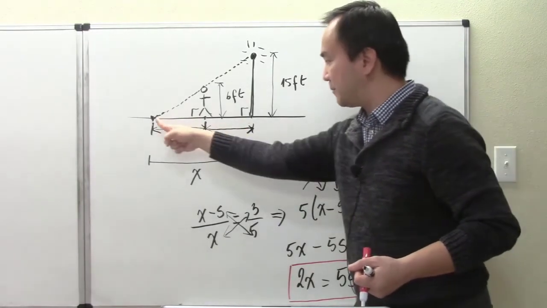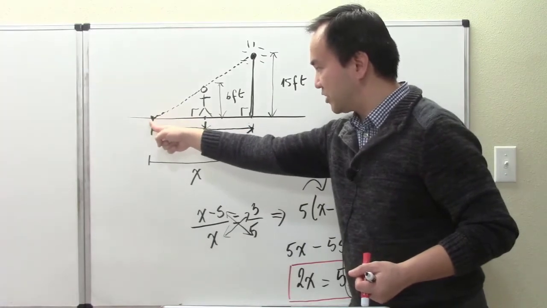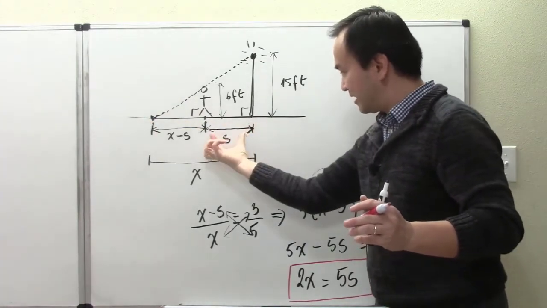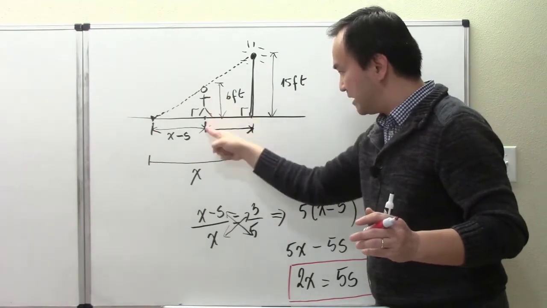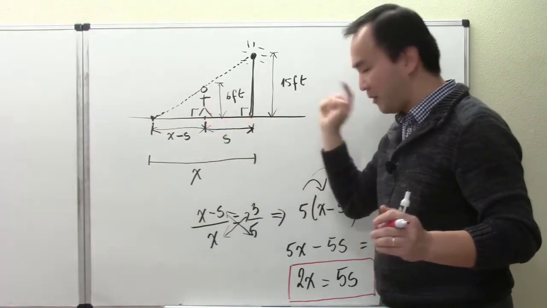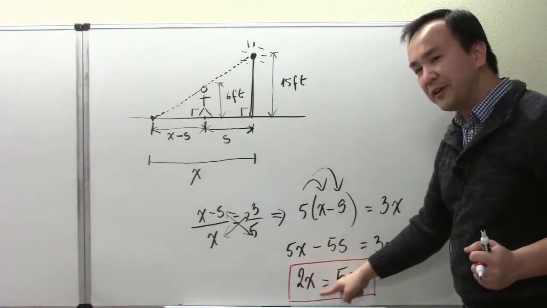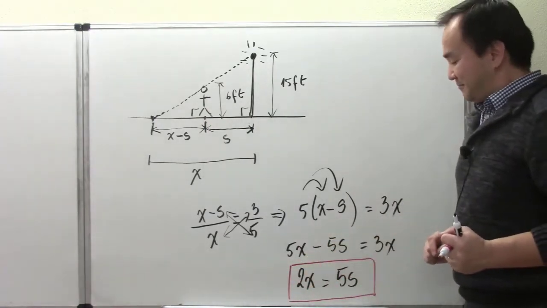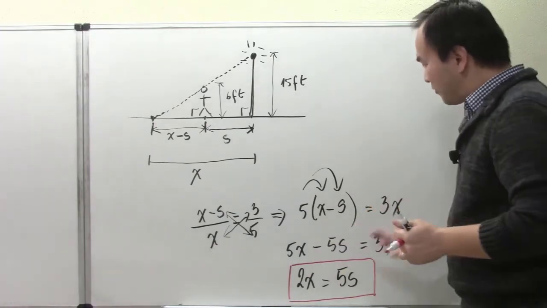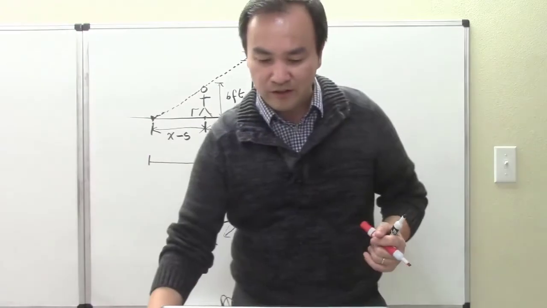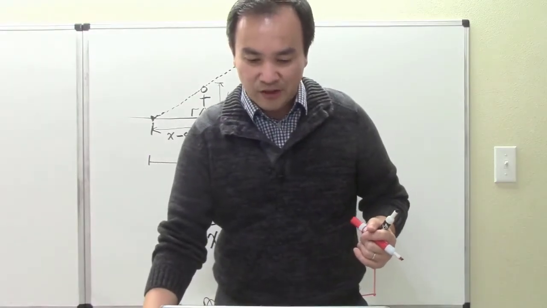So it's all about position: one is the position of the tip of the shadow relative to the pole, and the other is the position of the person's base relative to the pole. Now I have a relationship relating the two variables. Once we recognize the relationship, I am going to head back to the wording of the problem and look for more information.